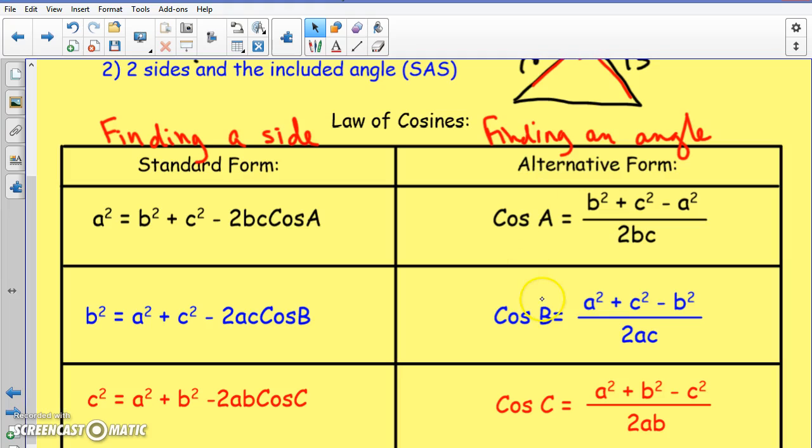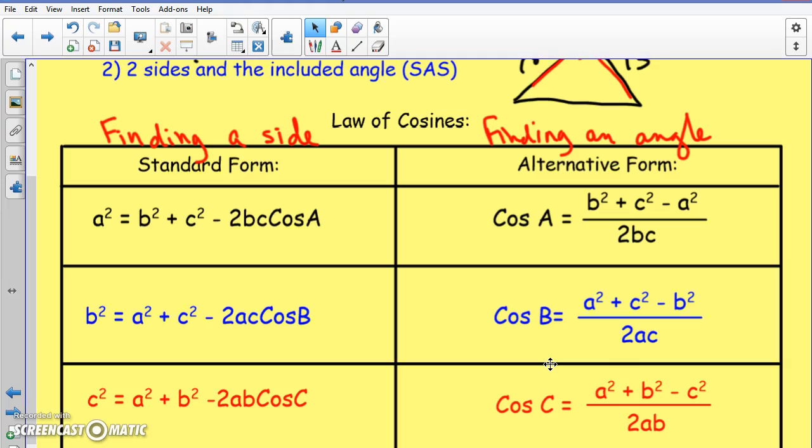How these formulas were derived is basically taking our standard form and solving it for the angle, like cosine of A, where we have to divide by the negative 2. Whatever angle you're trying to find, if you're trying to find angle A first, you'd use the formula that has angle A. If you're looking for angle B, you would use the formula that has angle B. Same thing with C.